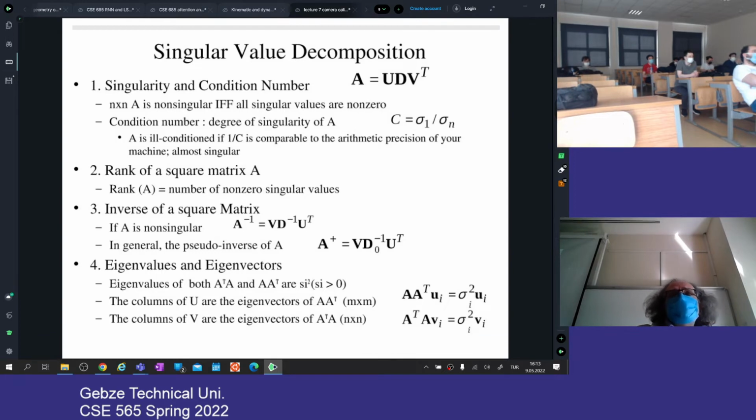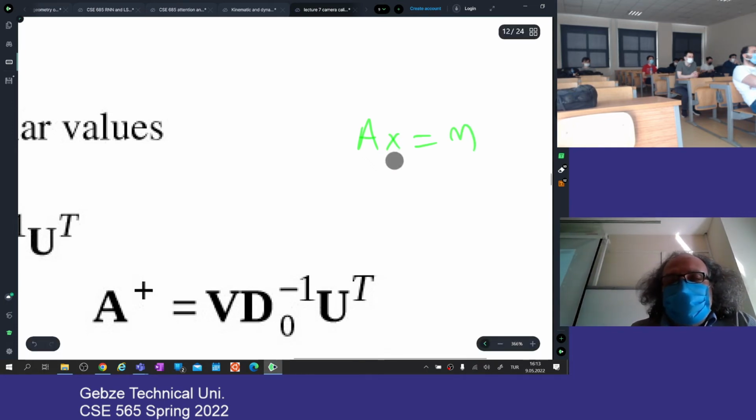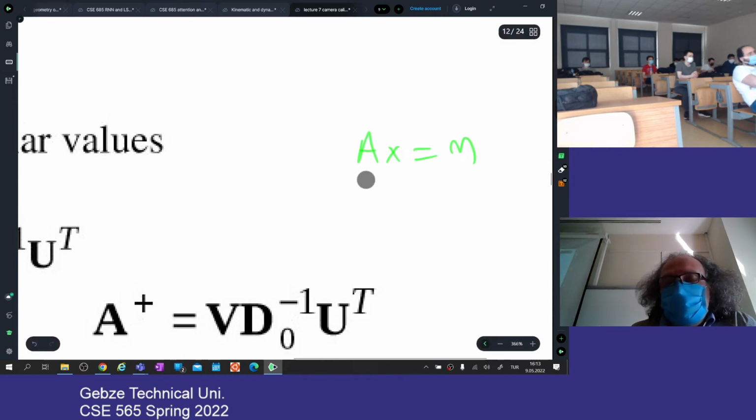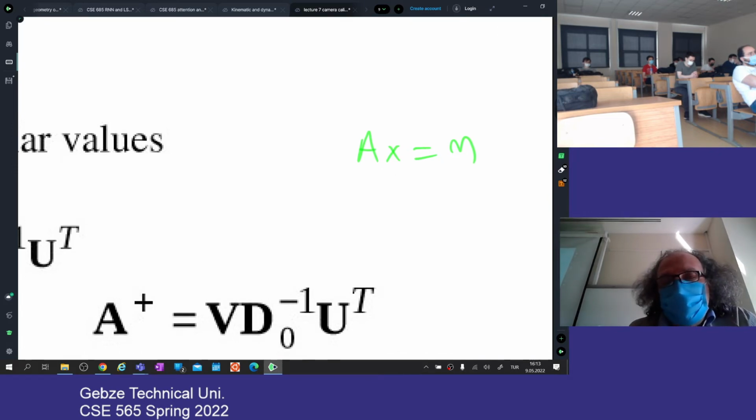If a matrix, let's talk about this. If I have a system Ax = m, okay? x is the unknown vector, m is a known vector, A is a known matrix. If I'd like to solve this equation for x, what would you do?